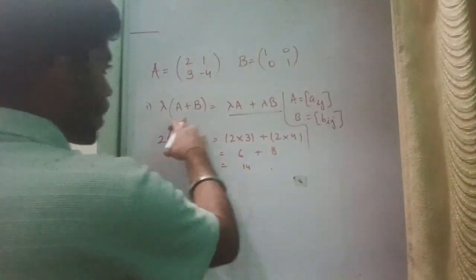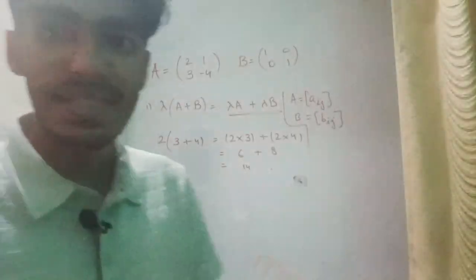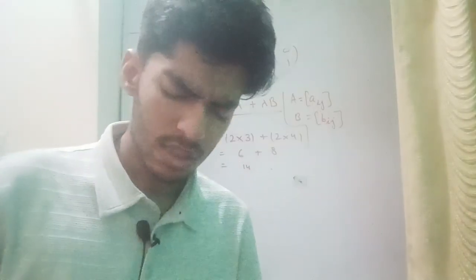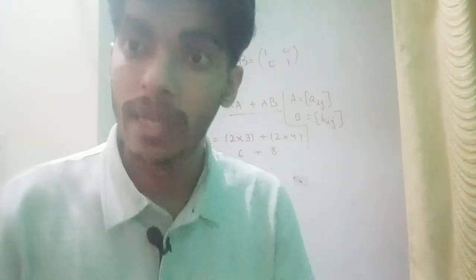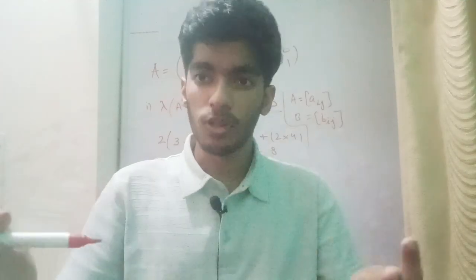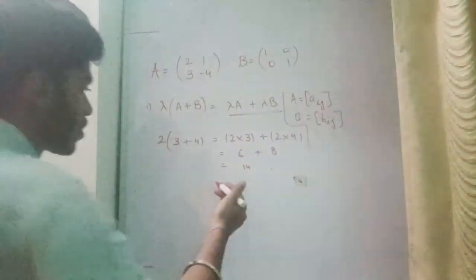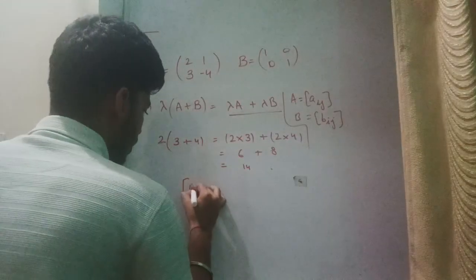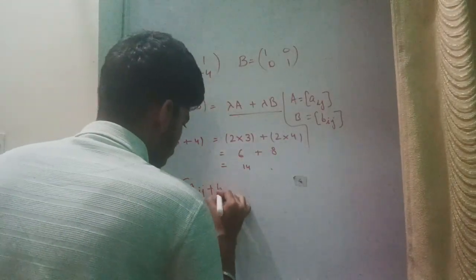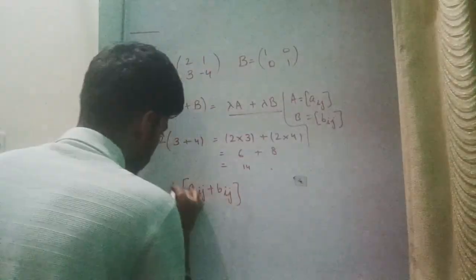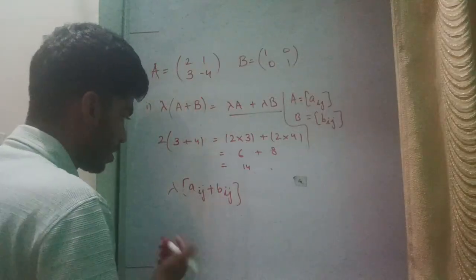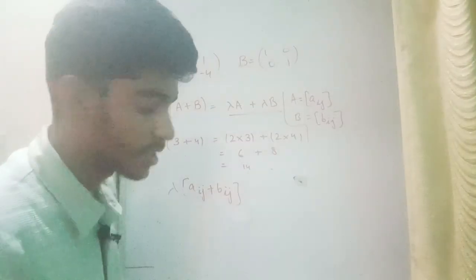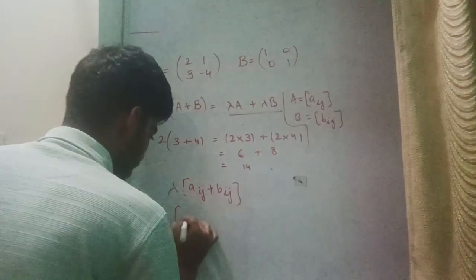When we add two matrices, it's simply the addition of the elements occupying the same position in both matrices. So we can write Aij plus Bij, and there is a scalar lambda out front. Now we know that when we multiply a scalar, each and every element of the matrix is multiplied with it. So we can write it like this now.